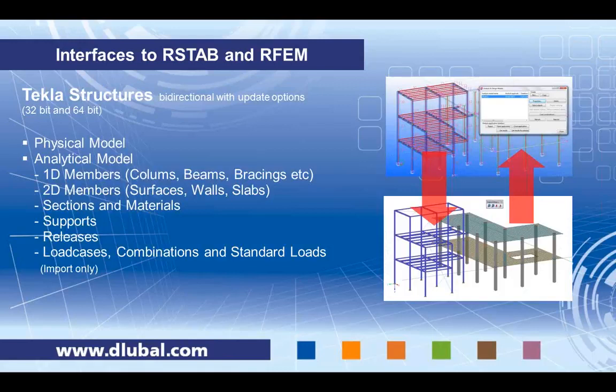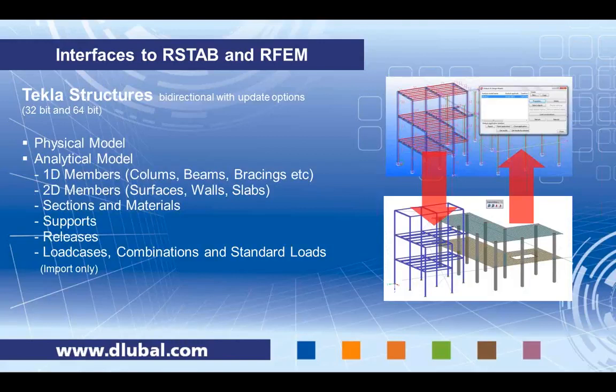When you do an analysis, you make a more simplified model that doesn't include all objects, like, for example, door frames, window frames, and other non-load-carrying parts. Therefore, we have to make a difference between the physical and the analytical model.